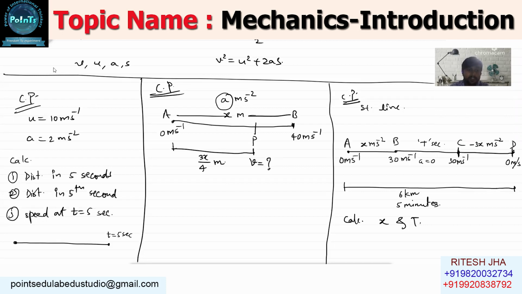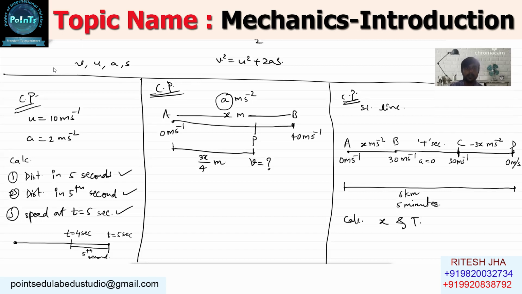But when I'm saying fifth second, I actually mean this distance. This is the 5th second. So what do you have to do? You have to use the formula S is equal to ut plus half at square, for t equals 5, and then for t equals 4, and subtract. Yes, exactly. So that can be done. You can do it, right?